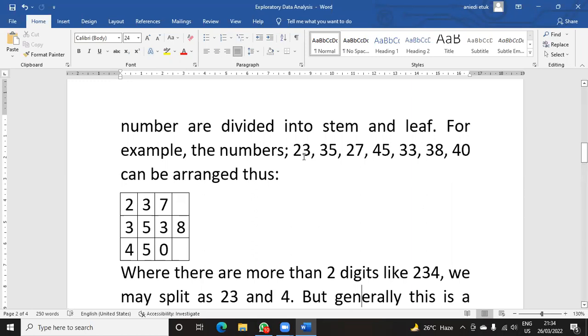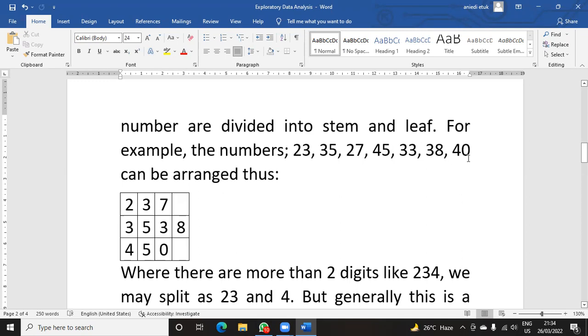The first random person says he's 23 years old. The second says he's 35. The third says he's 27. The fourth says 45. The next 33, then 38, then 40.